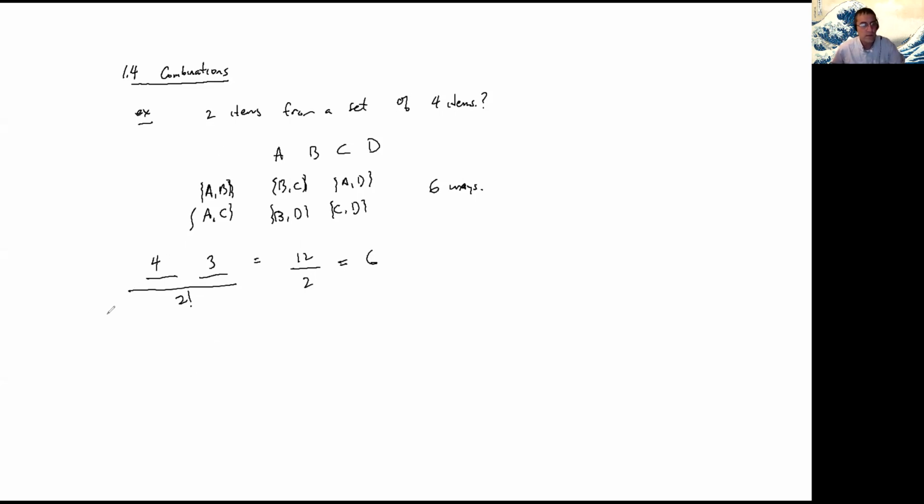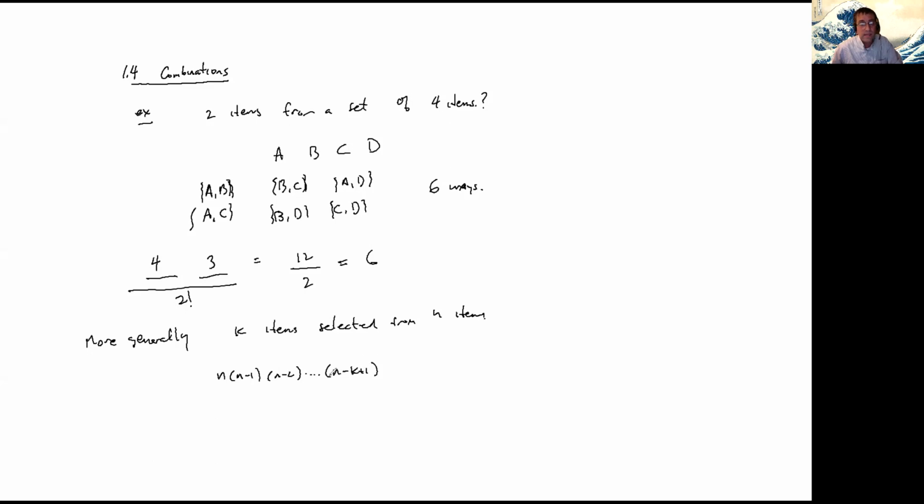So more generally, the principle is this. If I have k items that I select from n items, and the order of the k items does not matter, then suppose I ordered them: I would get n times n minus 1 times n minus 2, all the way up to n minus k plus 1.